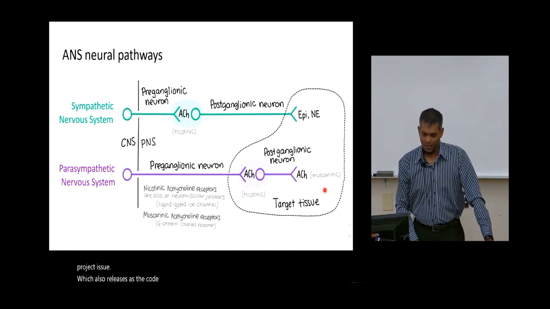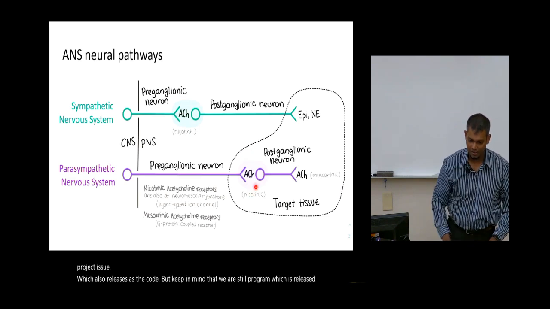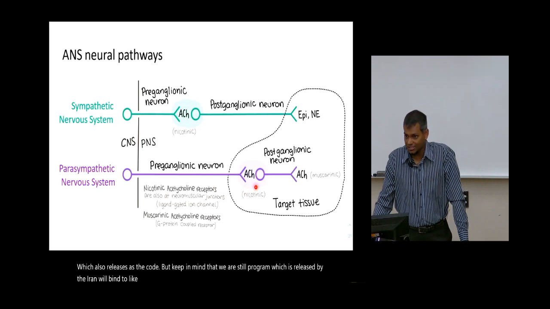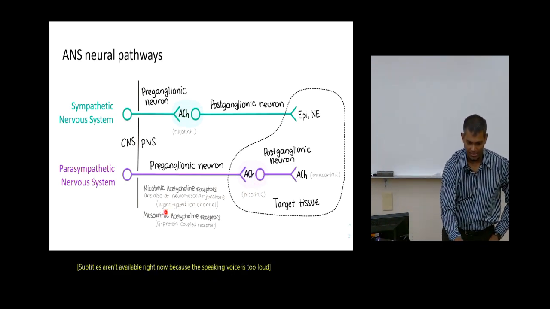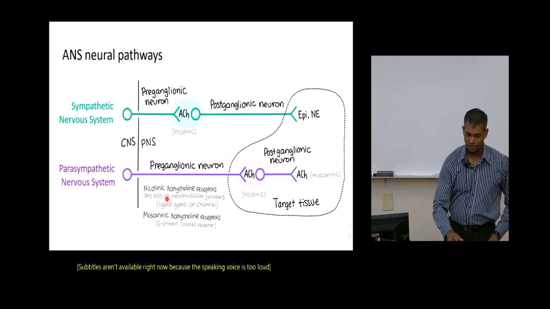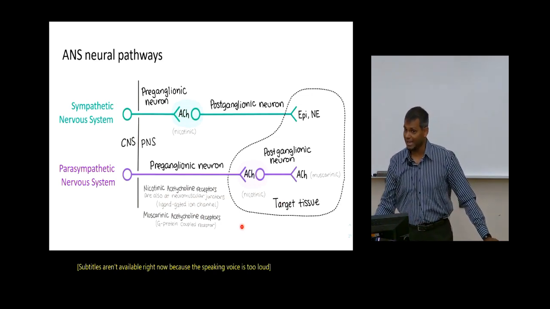But keep in mind that the acetylcholine released by this preganglionic neuron will bind to ligand-gated ion channels. These ligand-gated ion channels are also known as nicotinic receptors. Whereas you have the muscarinic receptors, where you have G protein coupled receptors being activated.